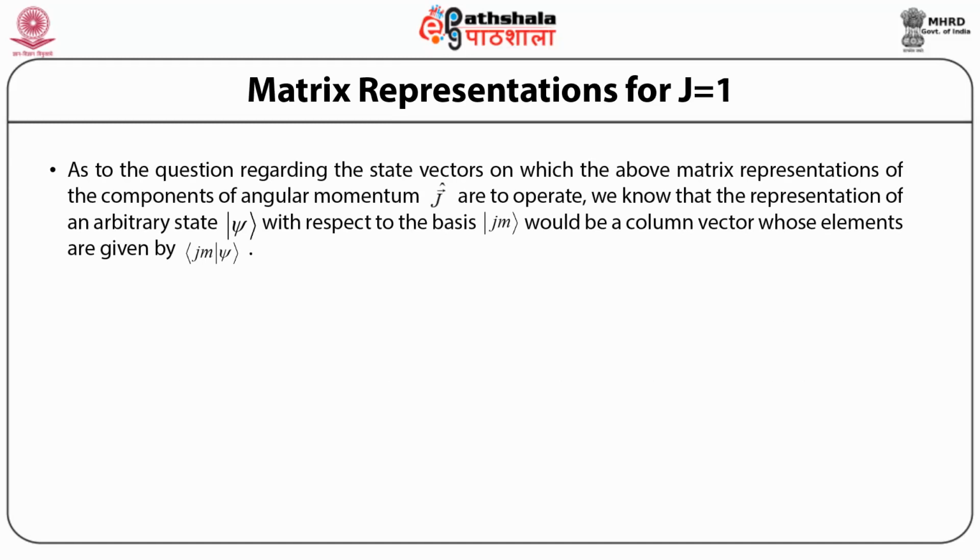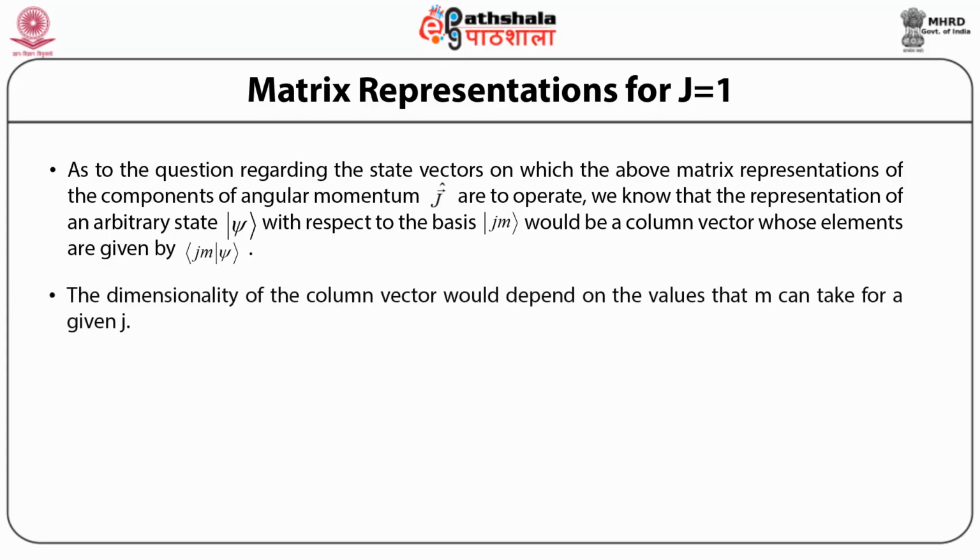As to the question regarding the state vectors on which the above matrix representations of the components of angular momentum J are to operate, we know that the representation of an arbitrary state defined by ket psi with respect to the basis ket jm would be a column vector whose elements are given by the scalar product of jm and psi.